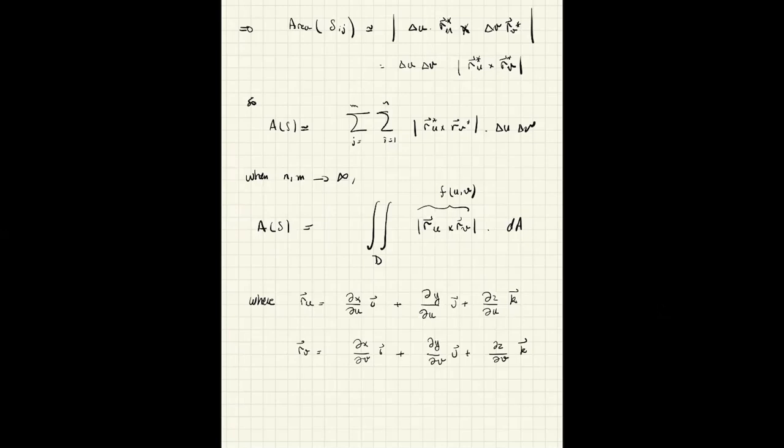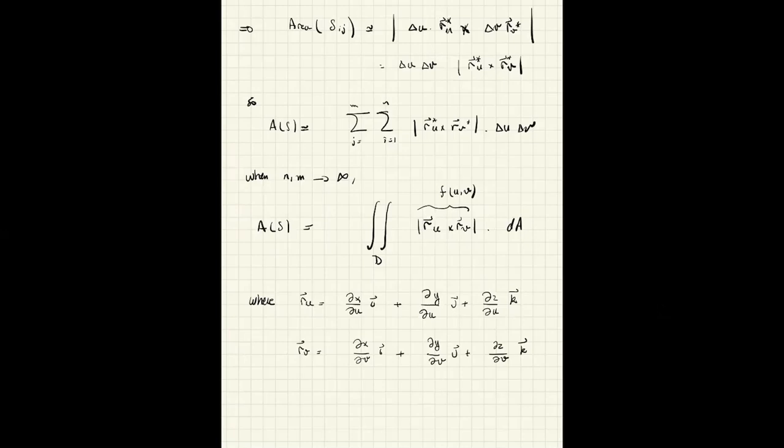So the only problem with these surface integrals, and that's the downside of it, is that it's really long and hard to compute. There are very few cases where you can really get something that you can compute as a double integral.